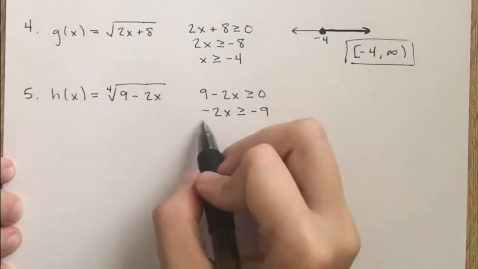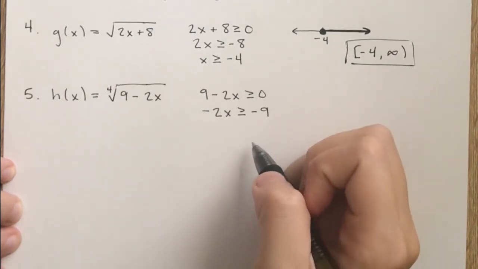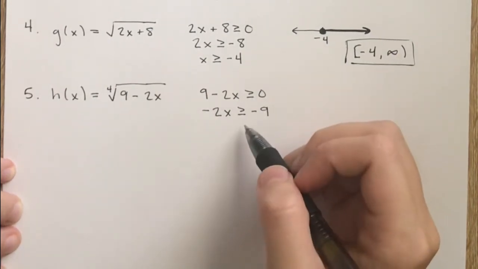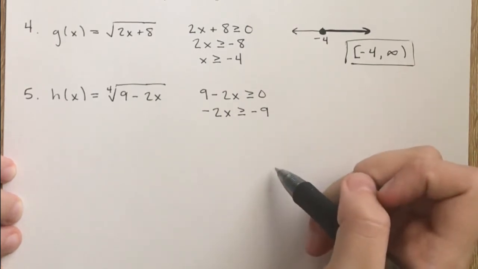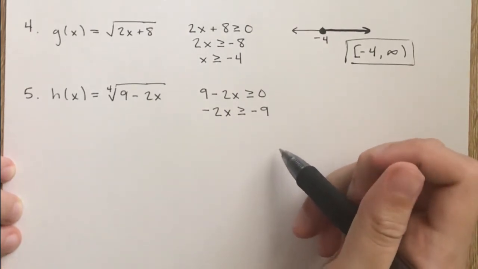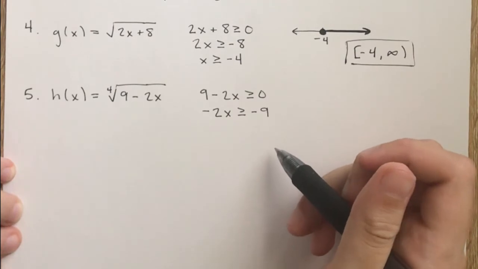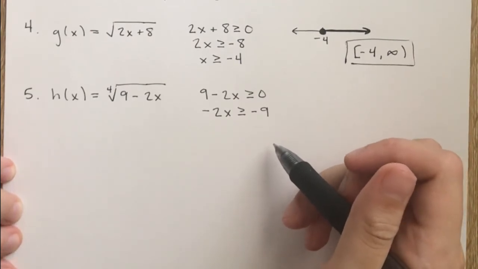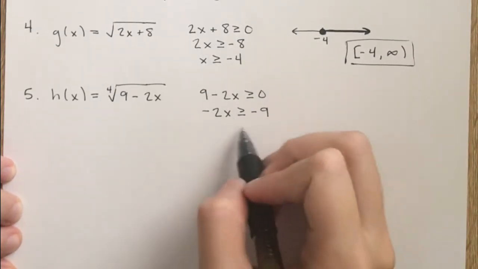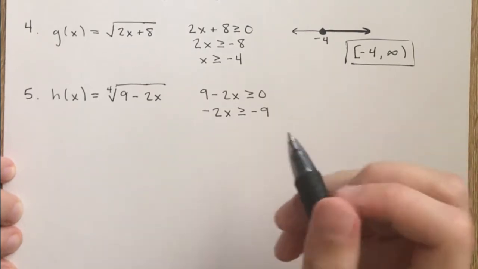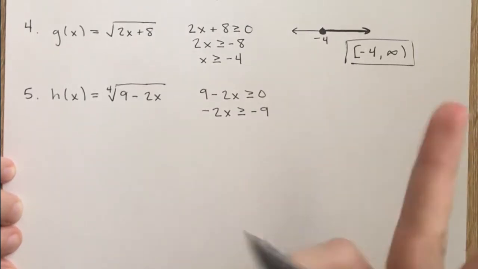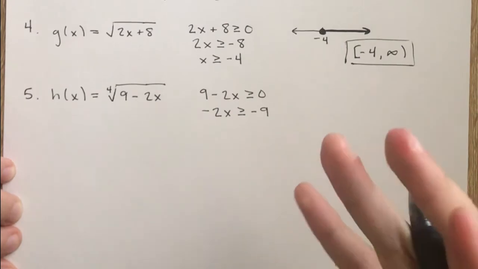I divide by negative 2. When I divide by negative 2, what happens? This is kind of an easy to forget fact. When I divide or multiply an inequality by a negative number, I have to flip both the signs on the numbers, right?